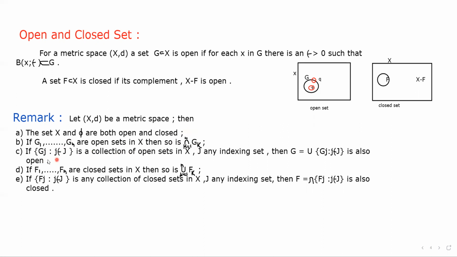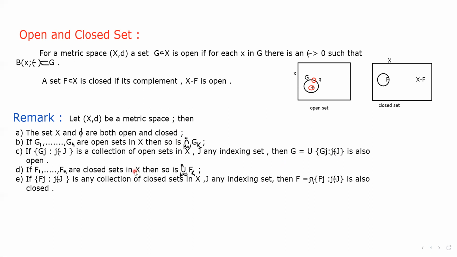Third, if Gj, j belongs to J, is a collection of open sets in X, then G, which equals the union of all the Gj open sets, is also open. Which means the union of all open sets is open.